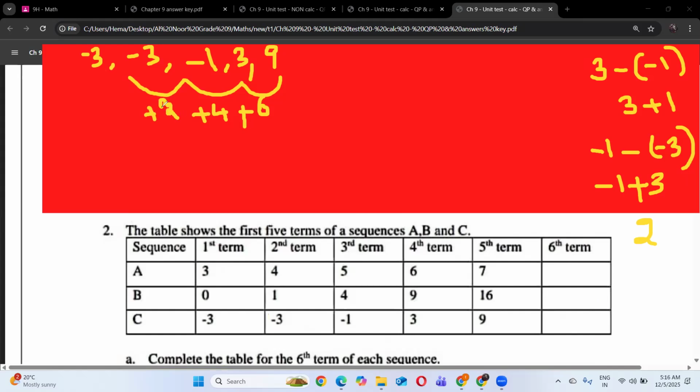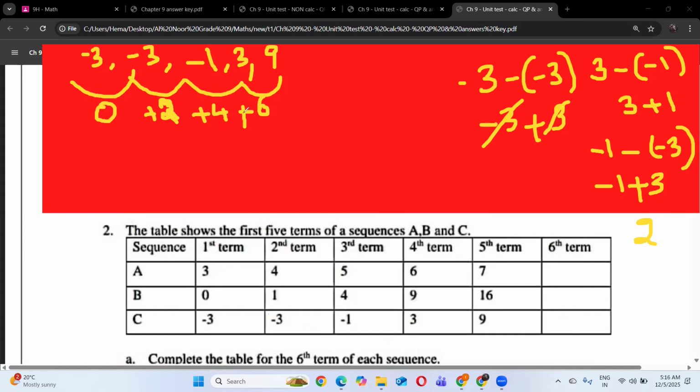You can do this directly using a calculator because this is a calculator worksheet. Next one: minus 3 minus of minus 3, minus and minus becomes positive. Minus 3 plus 3 gets cancelled. It's 0.